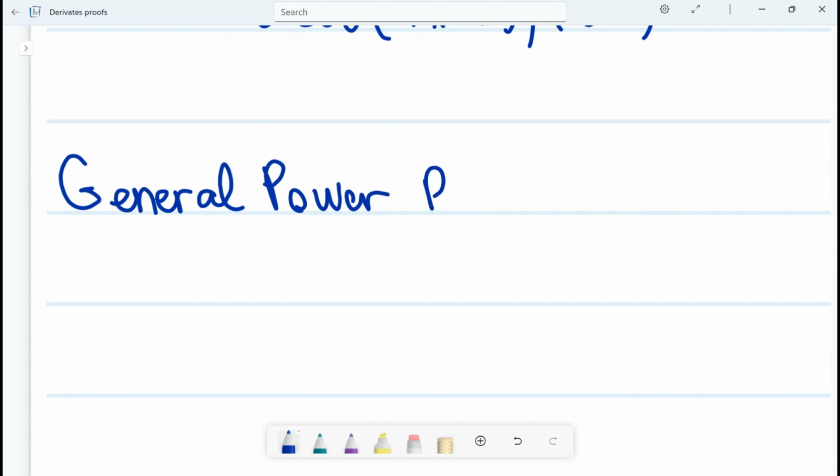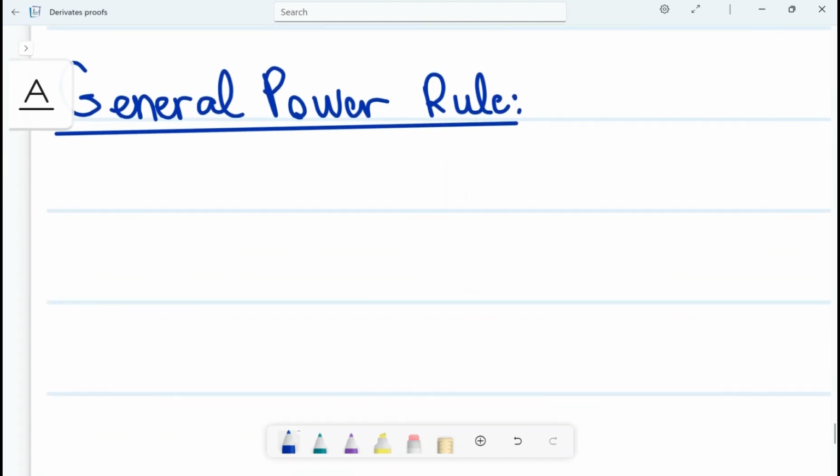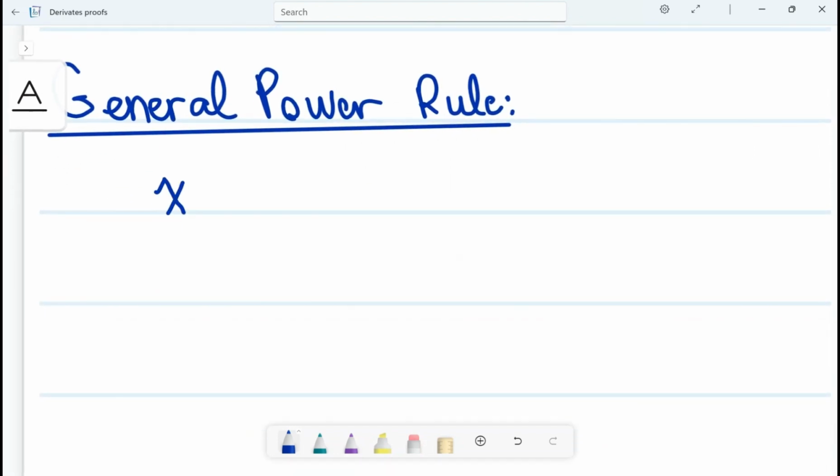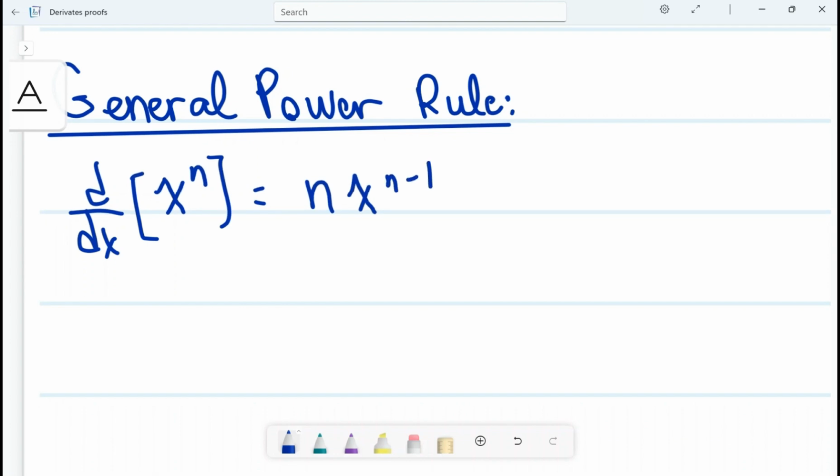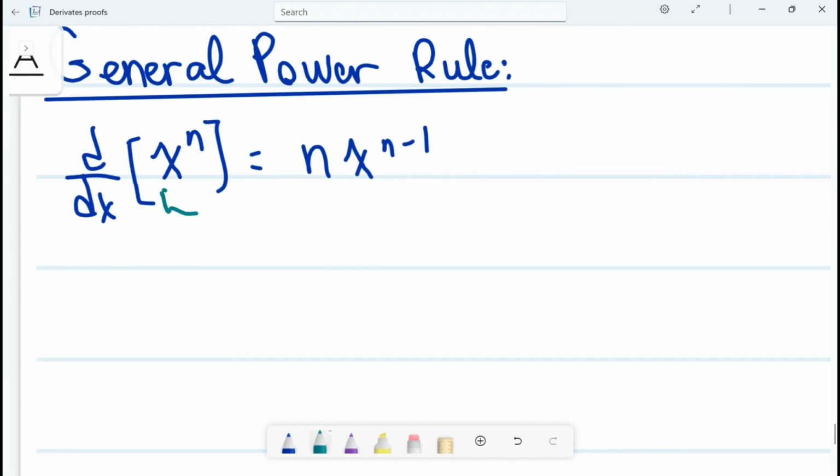So now let's generalize, using the chain rule, we will write a general power rule. The general power rule is just, as the name suggests, a general way of writing the power rule. Because earlier we learned that the derivative of x to the power of n is n times x to the power of n minus 1. Now, what if it's not x that's being raised to a power?